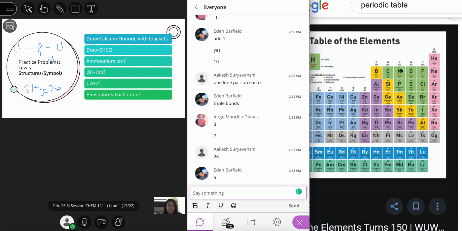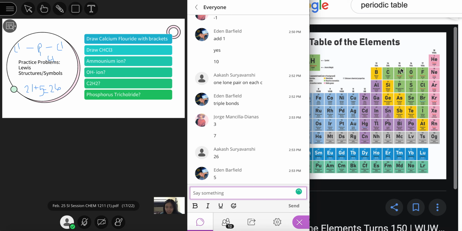So when you do that out, you get 8 on chlorine because you're trying to fill those up. Here, I'm just going to do it like that so you know it's 8. So these are all full. All the chlorines have 8. What about phosphorus? Right now we're at 24, but it's not full. What would you do to make it not 10?